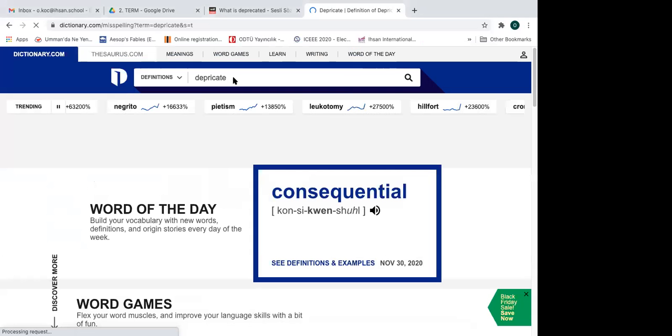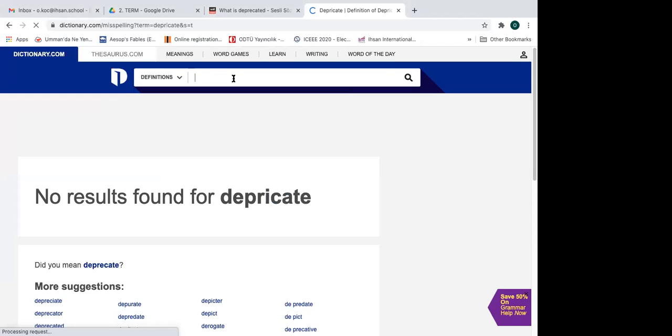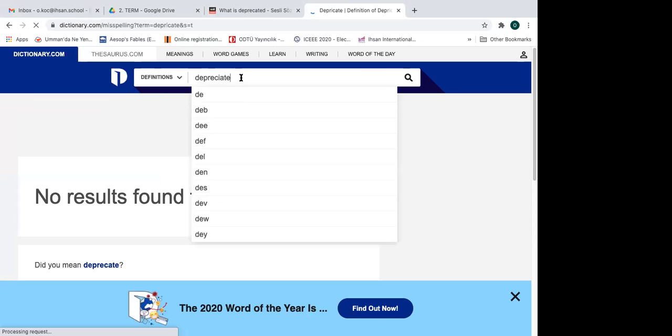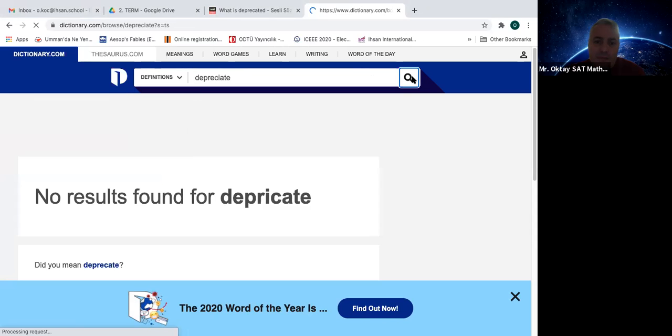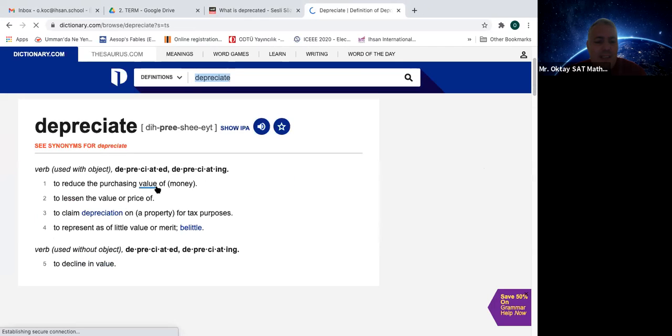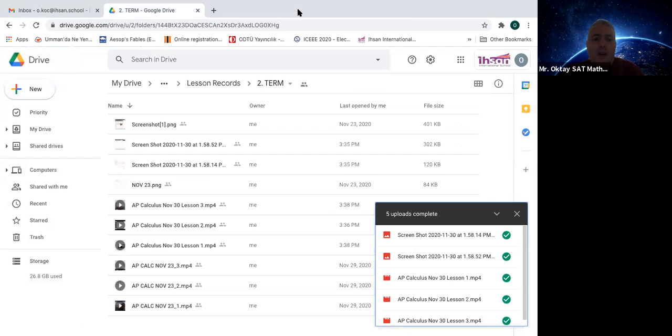Depreciate: to reduce the purchasing value. Yes, it's okay, to reduce the value or price. As I said, there's no problem. So we are reducing the money.